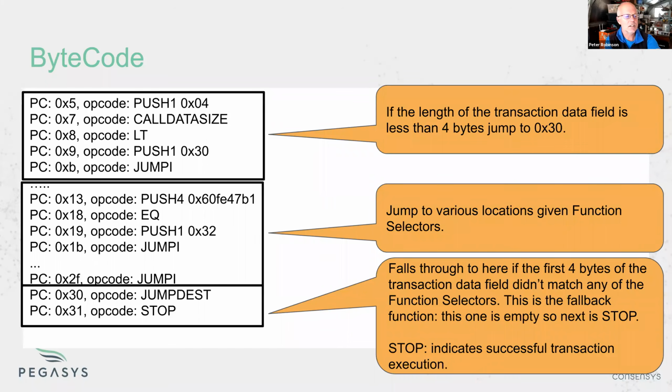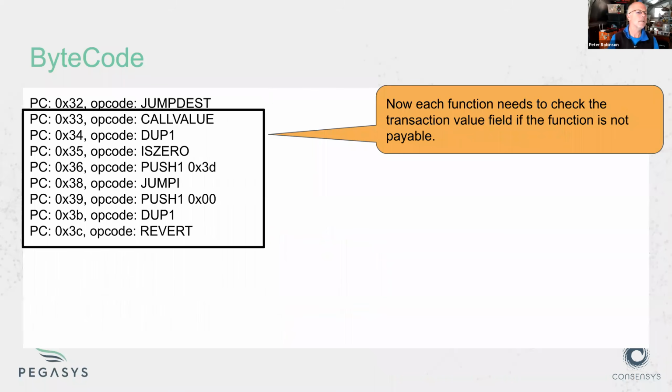And additionally, you've got your normal function block, but if none of those functions match, you'll just fall through, and again, you'll just stop and accept the ether. Another side effect is that because you've got a payable fallback function, but the other functions are non-payable, each and every function now needs to check whether the call value is 0 or not. So you'll end up with more code.